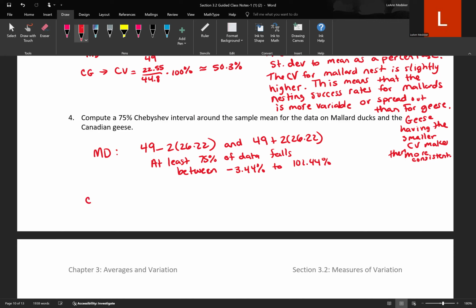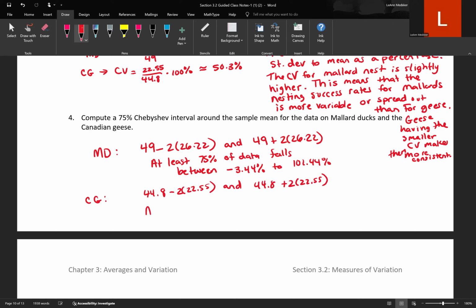And then for the Canadian geese, we have their average was 44.8 minus 2 standard deviations, and 44.8 plus 2 standard deviations.